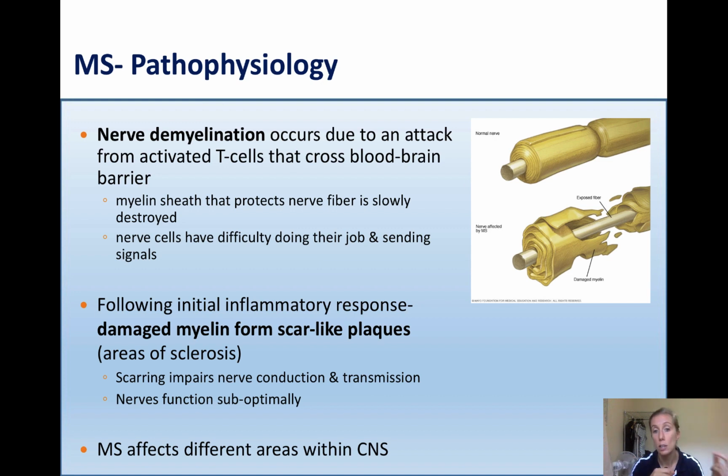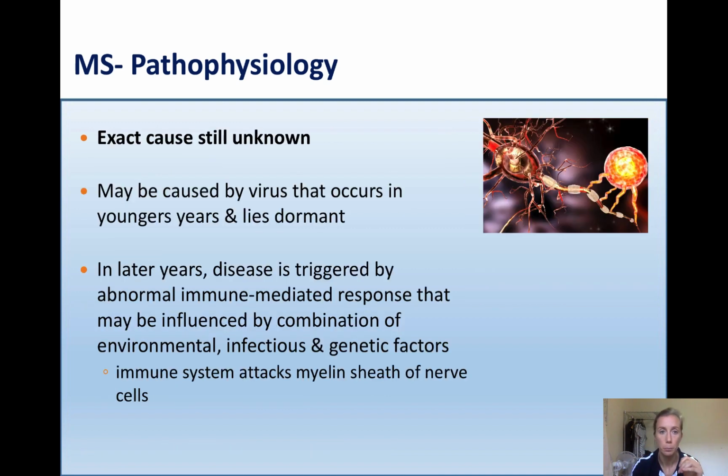Following the initial inflammatory response, we get damaged myelin and scar-like plaques forming. These are what we call areas of sclerosis. That scarring is going to impair nerve conduction and transmission, causing our nerves to function suboptimally. MS can affect different areas of the CNS, which is something to bear in mind.